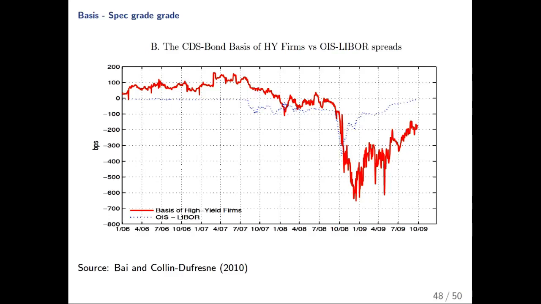CDS is OTC, so there's nothing to enforce the seller of protection to honour their agreement on default. To compensate investors for that, the premium charged for CDS is typically lower than the corporate bond yield. And this increases with the credit risk of the underlying firm, precisely because there is additional counterparty risk.